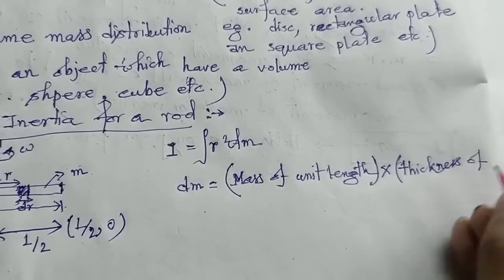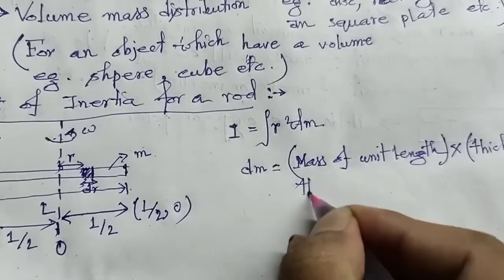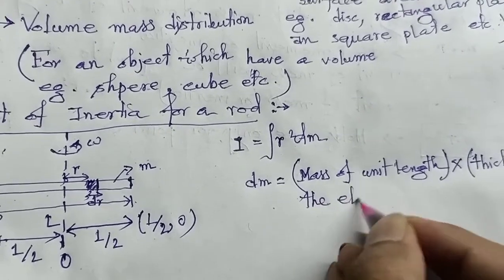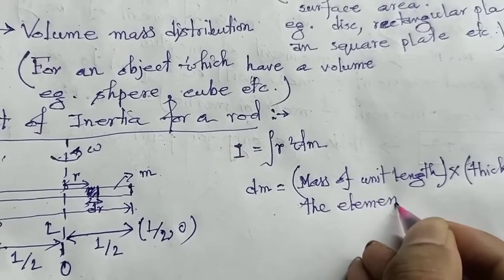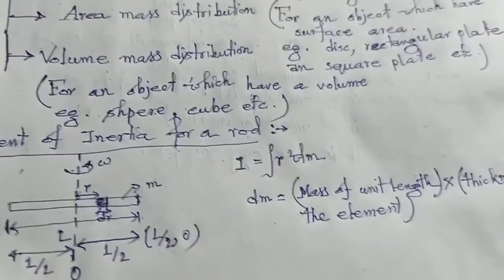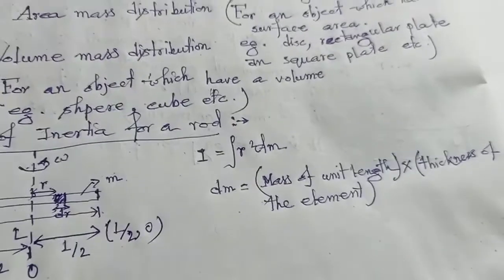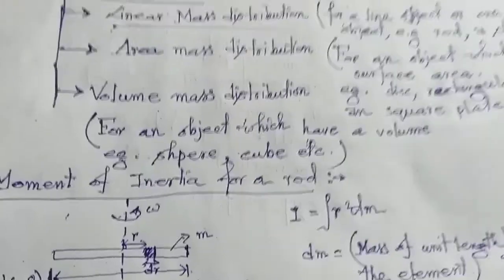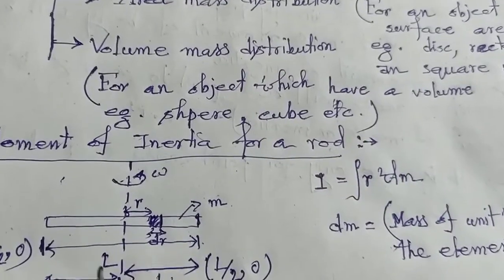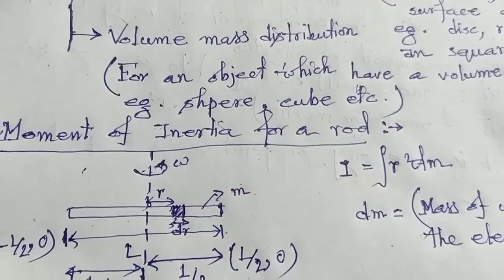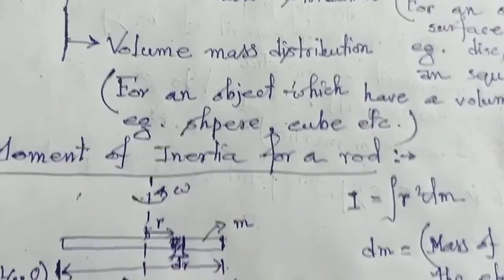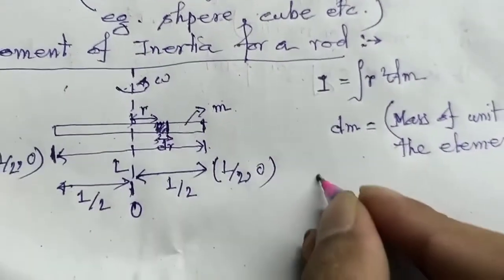But what is the mass per unit length? The total length of the rod is L and the total mass of the rod is M.